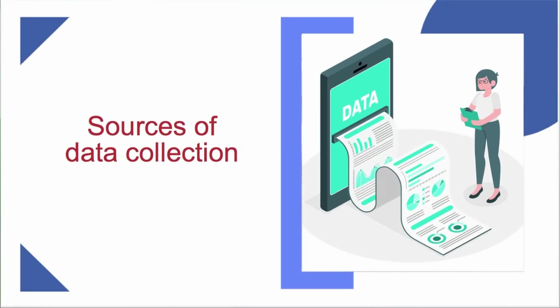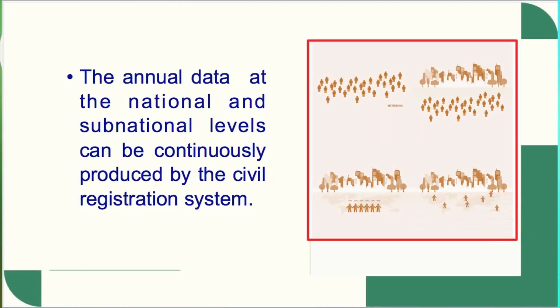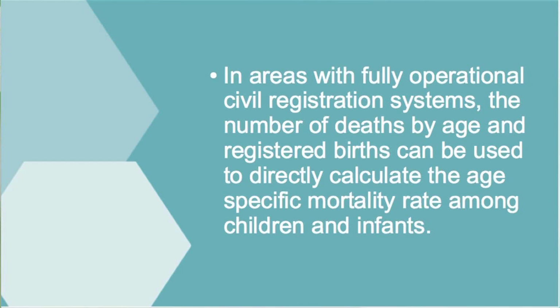Now if you look at the source of data, in theory, the annual data on under 5 mortality at the national and subnational levels can be continuously produced by the civil registration systems. In areas with fully operational civil registration systems, the number of deaths by age and registered births can be used to directly calculate the age-specific mortality rates among children and infants.